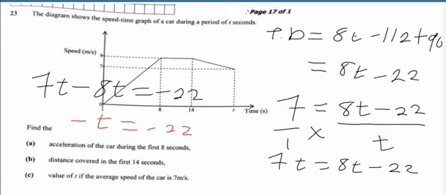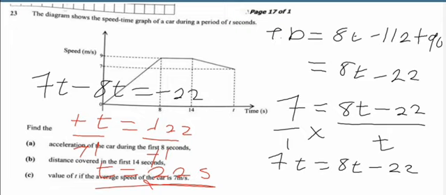We are finding the value of t, not negative t. So we need to divide this by negative 1, even here by negative 1. Negative and negative are going to cancel each other. So therefore, the value of t is just going to be 22 seconds. So you need to put s at the end. That is the value of t, which is 22 seconds.